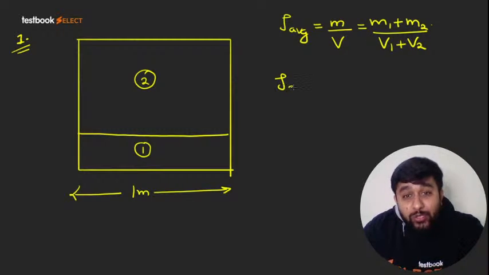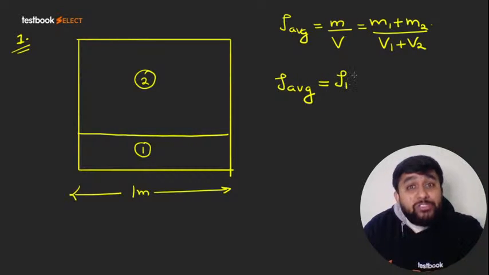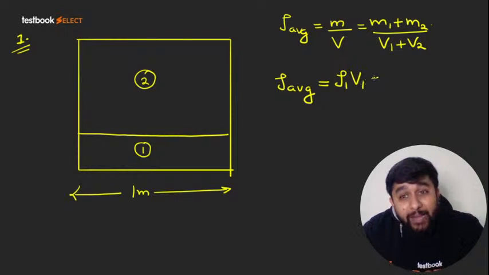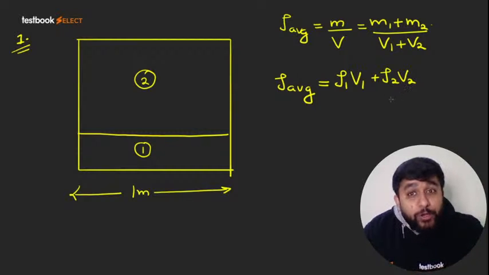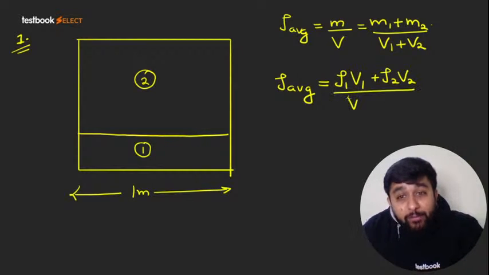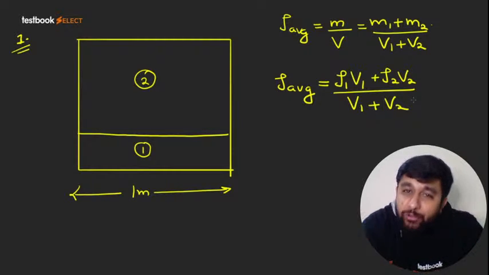When you write down the mass of portion 1, you can also say density of portion 1 multiplied by volume of portion 1, plus density of portion 2 multiplied by volume of portion 2. So this will be divided by volume of portion 1 plus volume of portion 2. We just have to solve this and we will get our answer.